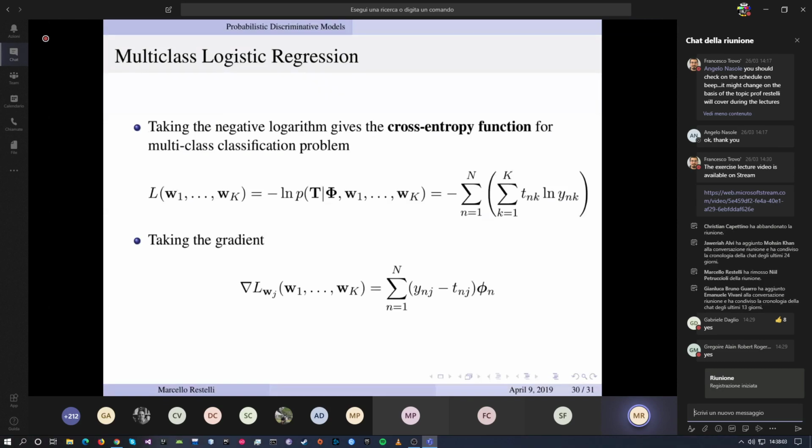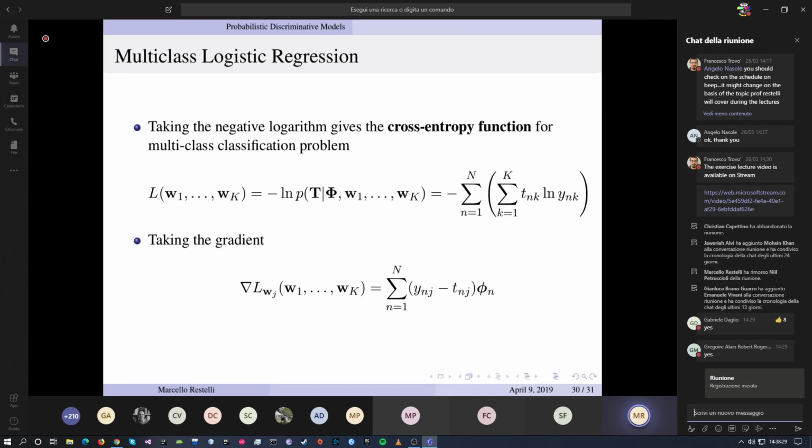So here, in the last line, you see reported the gradient of the loss function only with respect to the weights of class j. But of course, you also have to consider the gradient with respect to the weights of all the classes. And you see that actually the gradient of the loss with respect to the parameters used for one class is exactly the same that we have seen before.